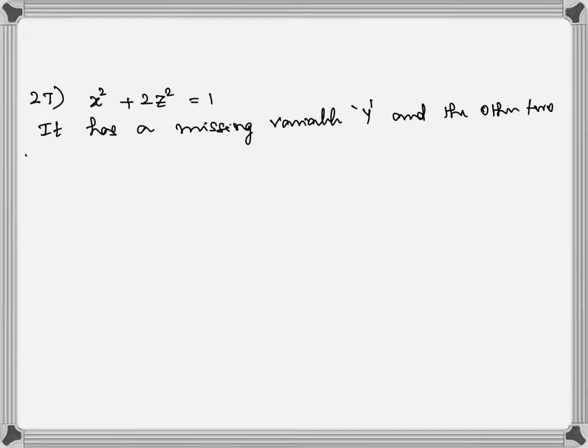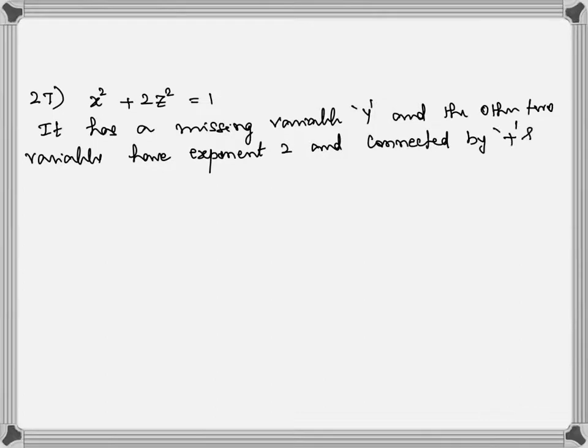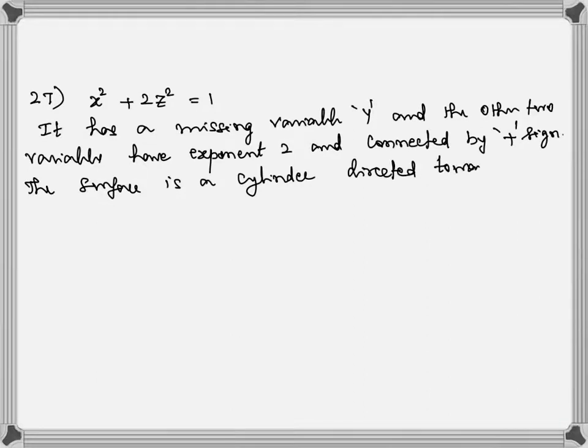The other two variables have exponent 2 as well and are connected by a plus sign. So the surface is a cylinder directed towards the y-axis. So the axis of the cylinder is going to be the y-axis.